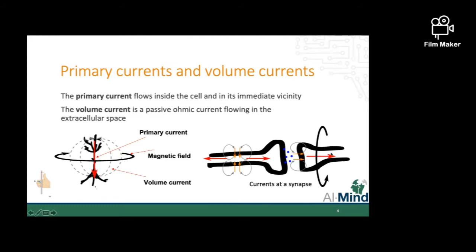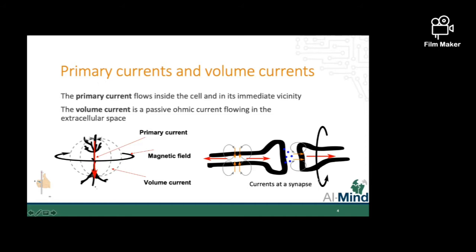So let's have a look at the currents at a synapse. In the axon, we have action potentials that are propagating along the axon. And at these action potentials, we have currents flowing into the cell, and there is a wave of current propagating in front of the action potential, and a second wave behind the action potential, forming a quadrupolar field.